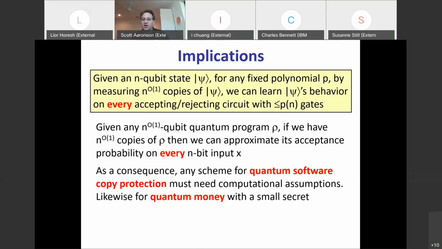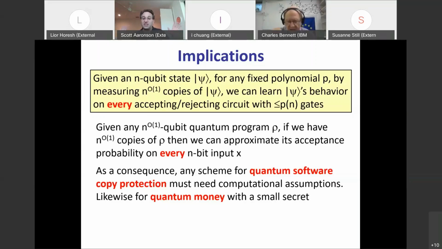So some years ago, I raised the question: could there be a quantum money scheme where one has information theoretic security, just like with Wiesner's original scheme, but where the bank only needs to remember a small secret, as in the scheme of Bennett et al. from the early 80s? The quantum tomography theorem implies that the answer to that question is no.